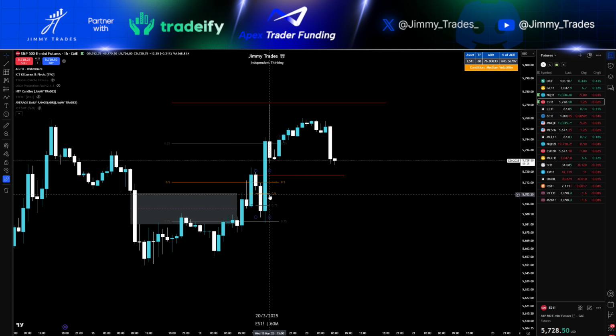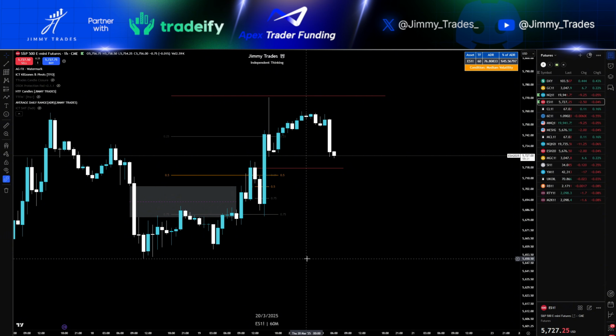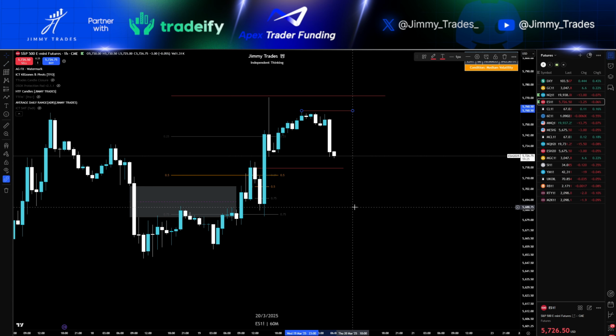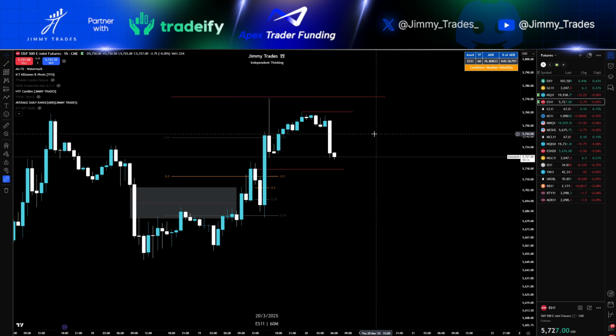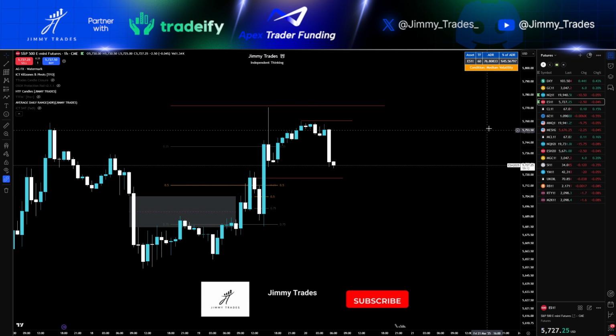And if we do move through that level, and we close beyond that, then we'll look to see price moving lower. For now though, relative equal highs for the Asia session and London as well. Be looking for this to be our draw on liquidity for the day, at least for the morning session. I don't trade PM, so not really too concerned with that.